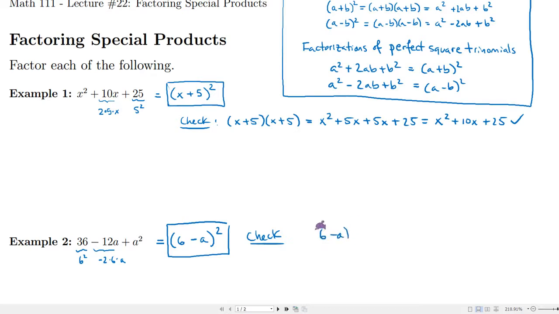So 6 minus a squared is 6 minus a times 6 minus a, and that would be 36 minus 6a minus 6a plus a squared, so that's 36 minus 12a plus a squared. And is that what we had over here? Well, 36 minus 12a plus a squared, so yes. Okay, so that looks good.